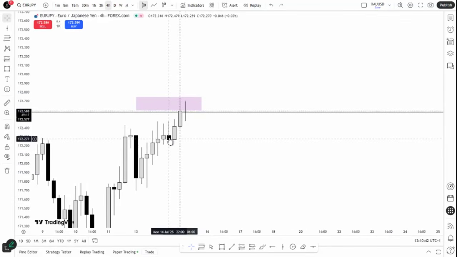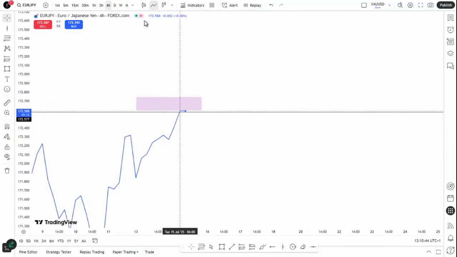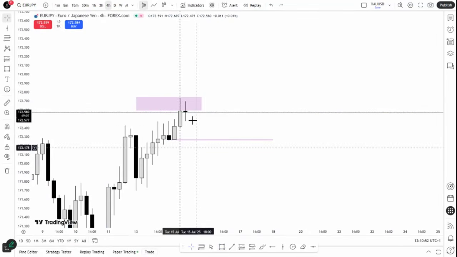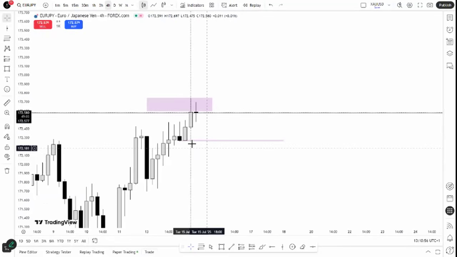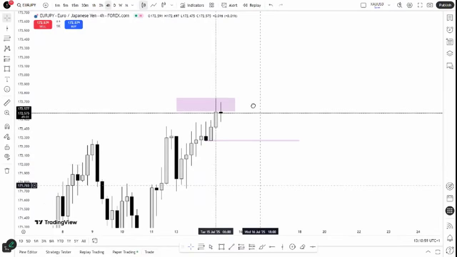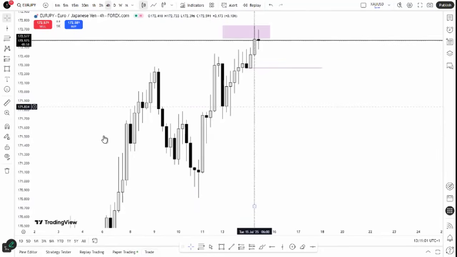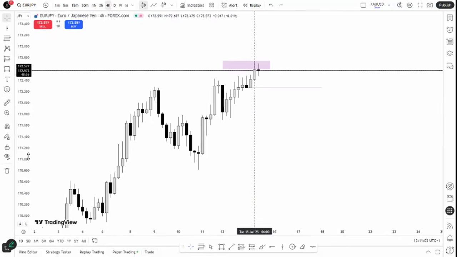You can see this in your line charts. I'll draw a box or a line, depending on whatever you're comfortable with. If we see price close below this level with a full body close beneath it, then we can say the storyline has changed from a bullish trend to a bearish trend. It is that simple.